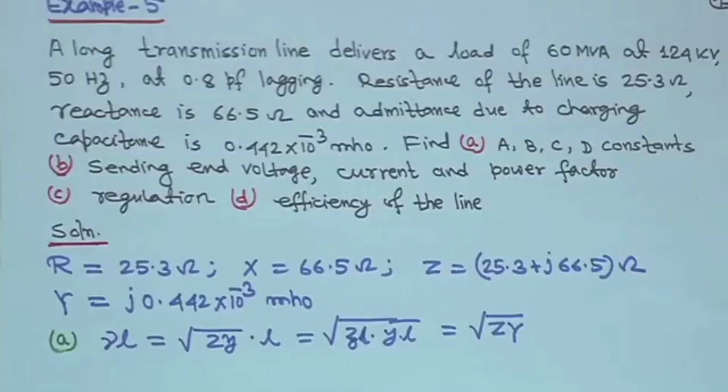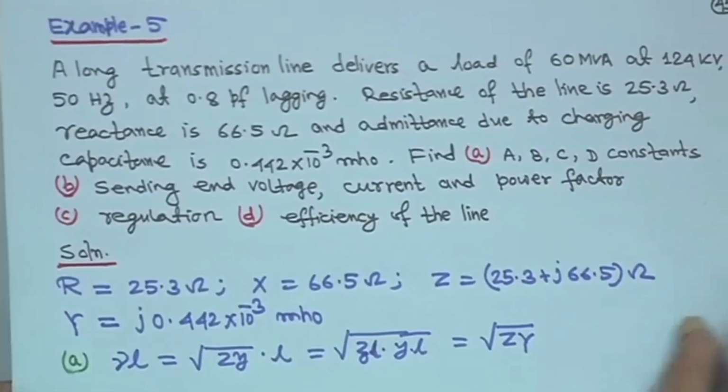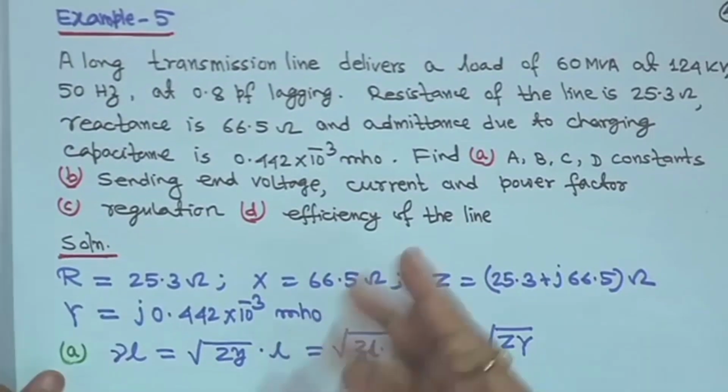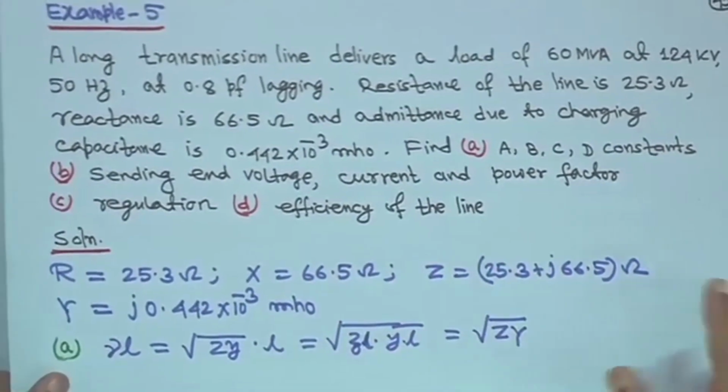Okay. So, this is a continuation of the previous topic, the performance and characteristics of the transmission line. We will take another example, and after this one more example, we will go to another topic regarding voltage waves.